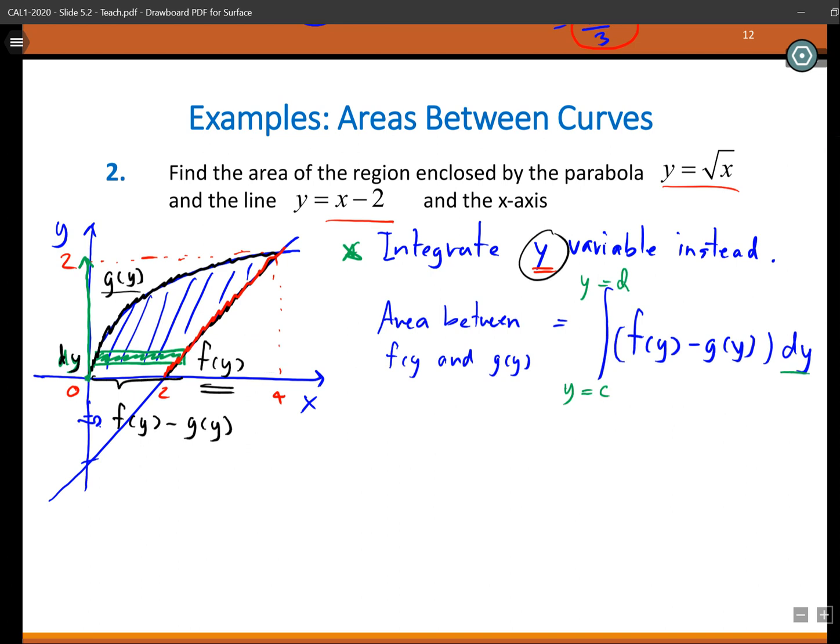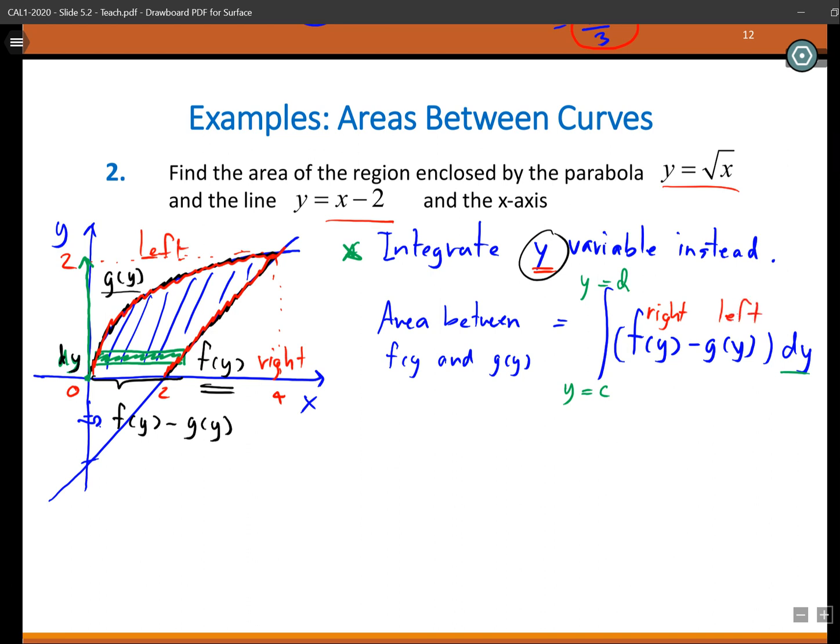As you can see, it's on the right. And g(y), what about g(y)? g(y) has to be on the left hand side of this region. So this is on the left.